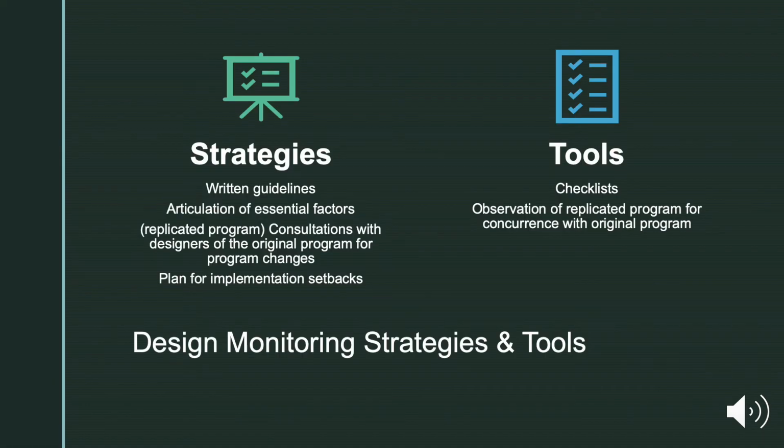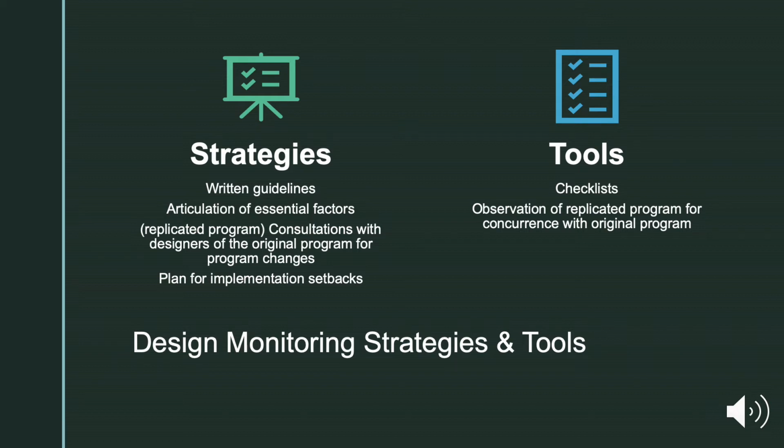Some strategies that are included with design fidelity are the completion of written guidelines. Now, for our course, you will not be doing an intervention manual, but you will be designing an outcomes chain and a program matrix that will address a lot of these aspects. Through that process, you will articulate the essential factors.